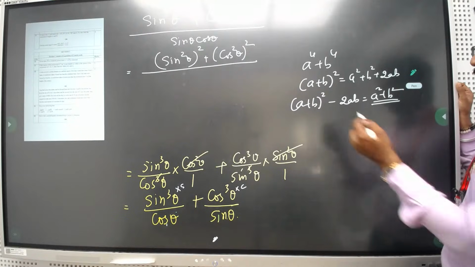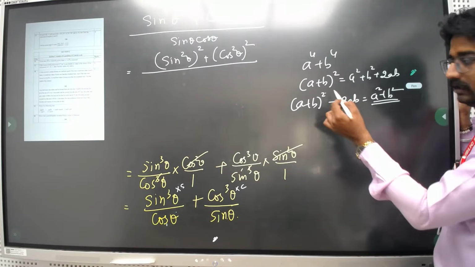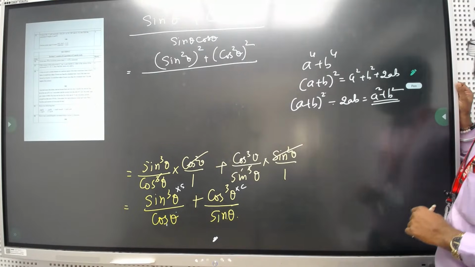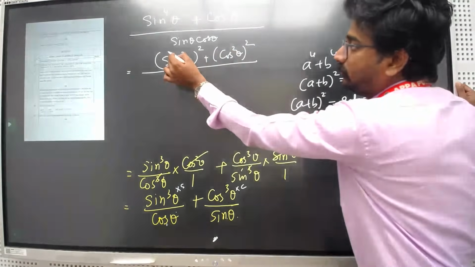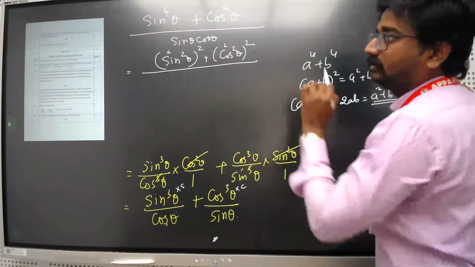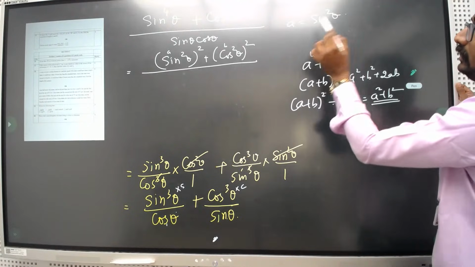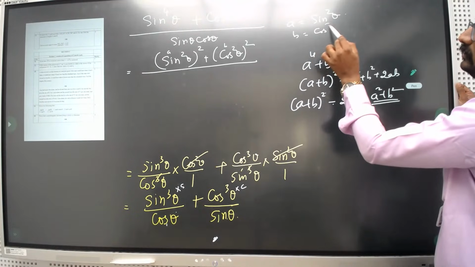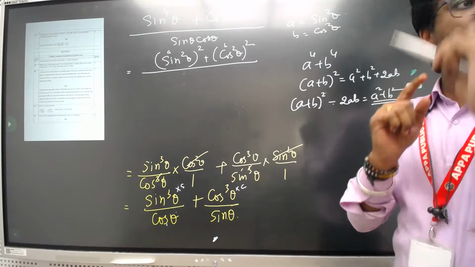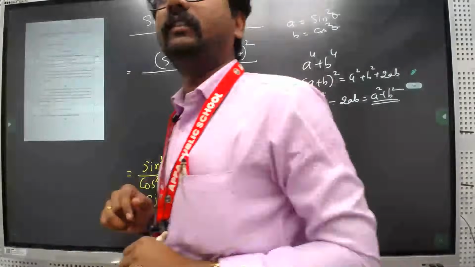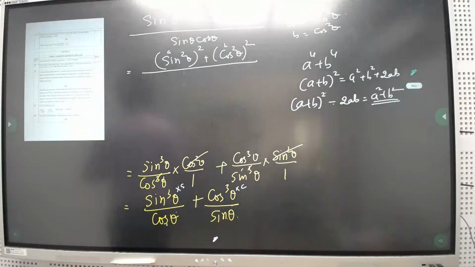So a square plus b square can be written as a plus b whole square minus 2ab. Now this is in the form a square plus b square, but what is the value of a? Sin square theta. What is the value of b? Cos square theta. What is sin square plus cos square? Identity, one.